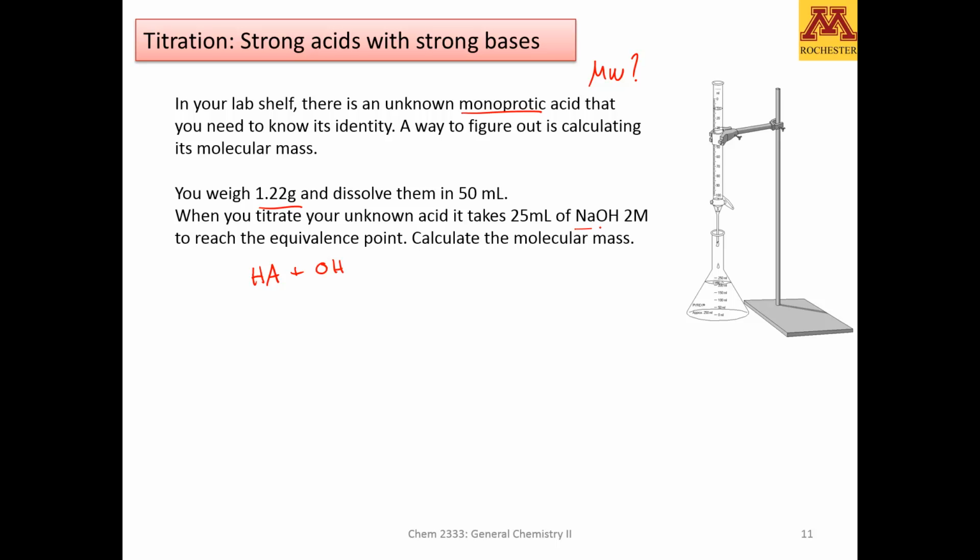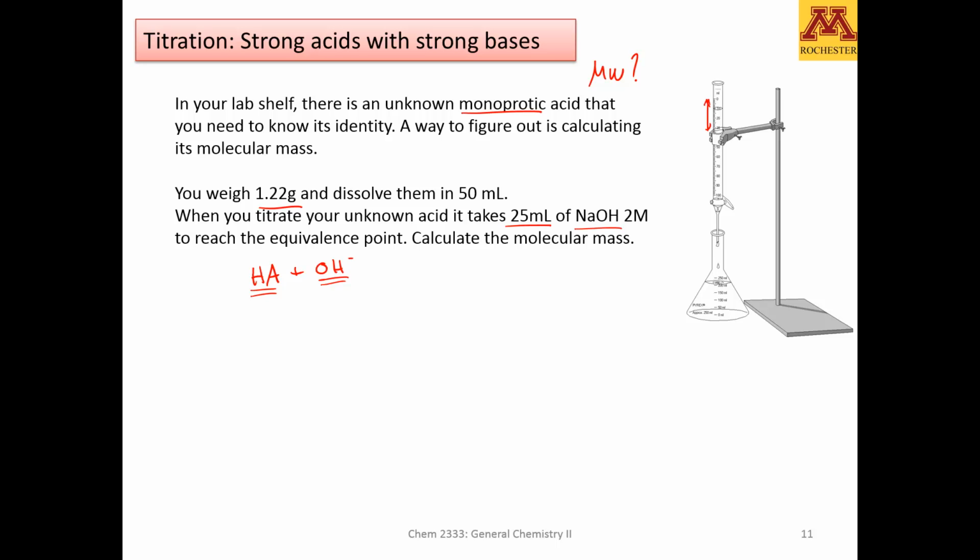when you add sodium hydroxide, it takes 25 milliliters in the burette to appreciate the change of color due to the phenolphthalein and reach the equivalence point. So this means that in 25 milliliters of 2 molar, there are as many moles of hydroxide as acid. Can we calculate how many moles we had?